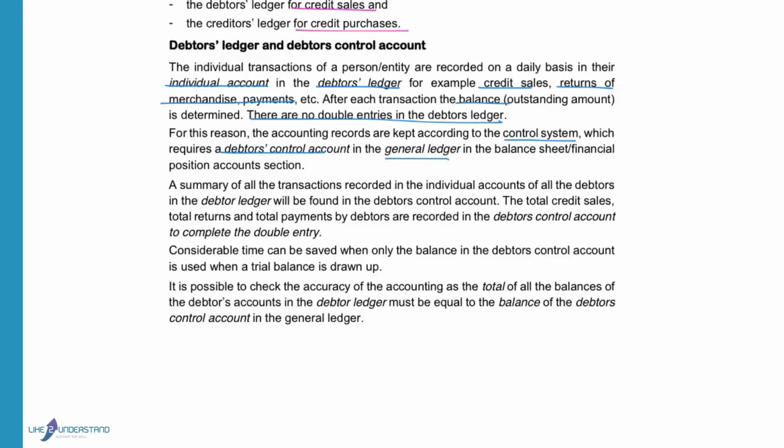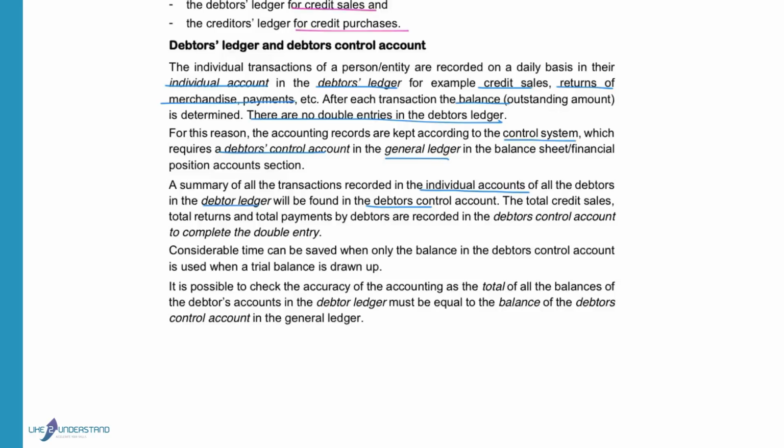A summary of all the transactions is recorded in the individual accounts of all the debtors in the debtors ledger. So every single entry will go separately in the debtors ledger, and then the total sales or the total returns, total money received will be recorded in the debtors control account.